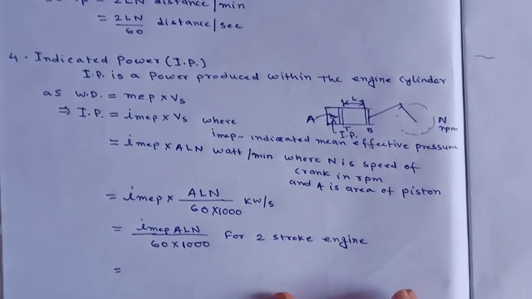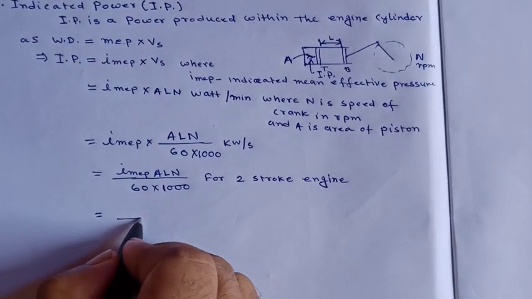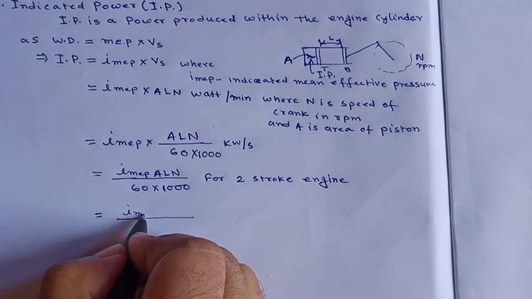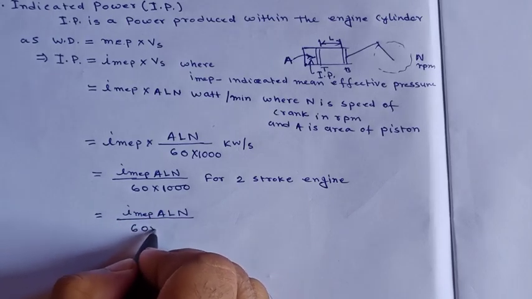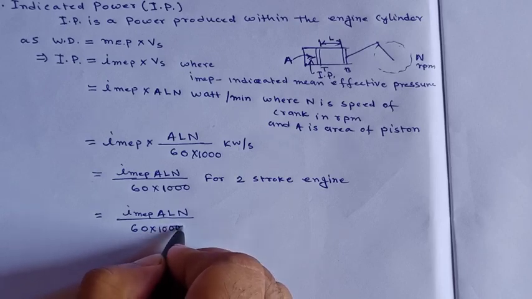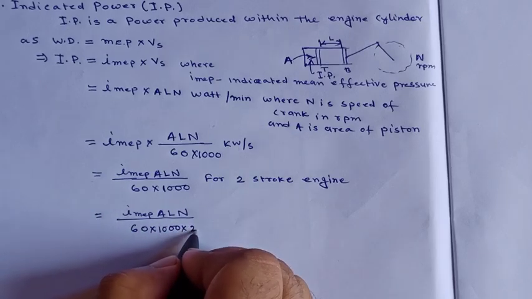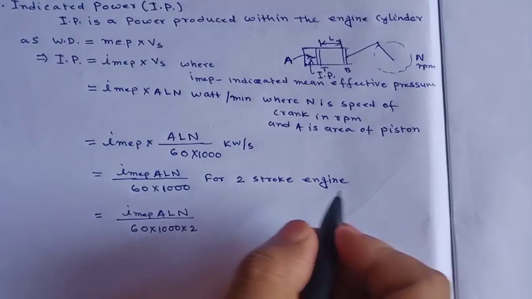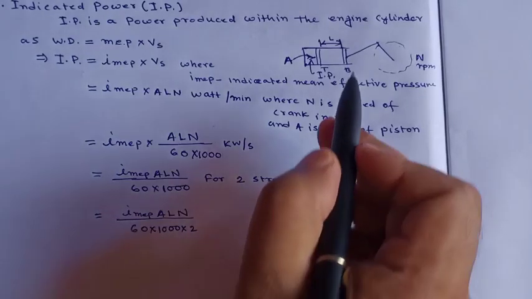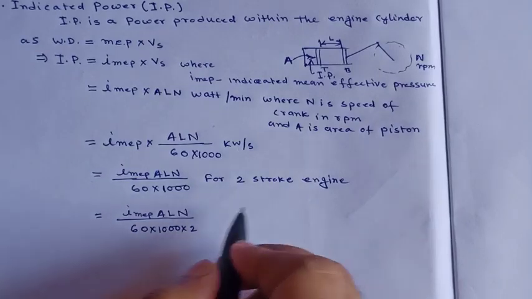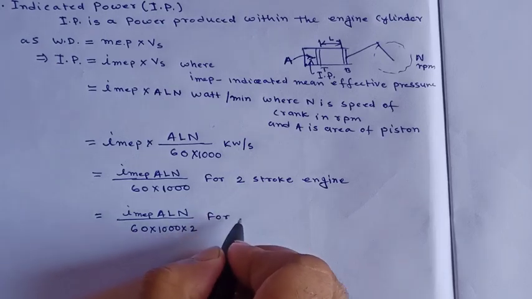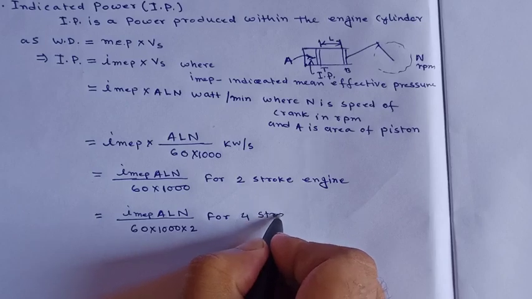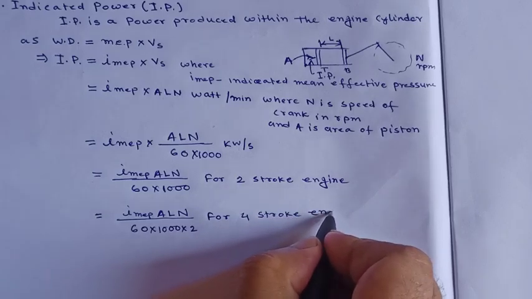This value will be IMEP ALN by 60 into 1000 into 2, divided by 2, because for a 4-stroke engine the power is half. The power produced for a 4-stroke engine is half that of the 2-stroke engine. So I have divided this by 2. Okay. So this is for a 4-stroke engine.